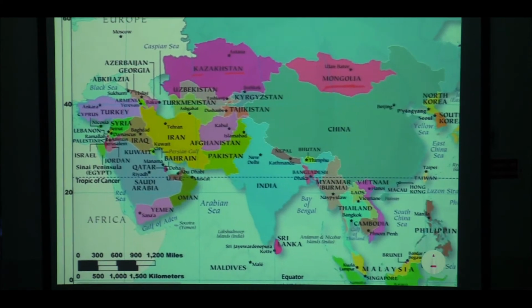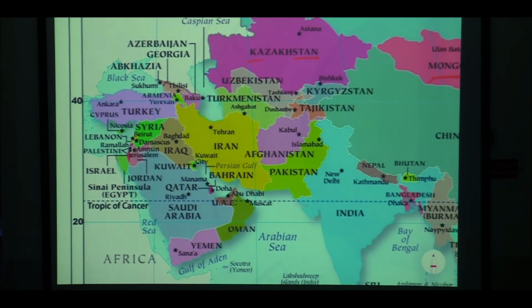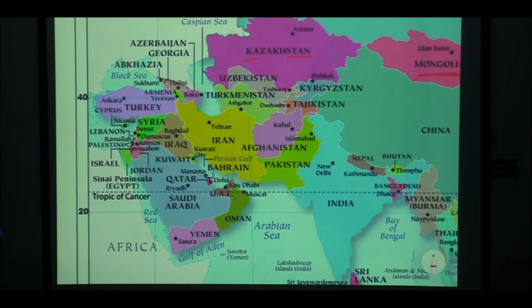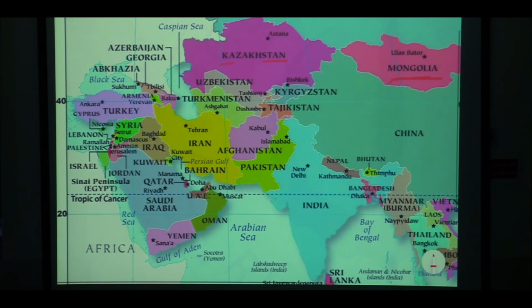Okay, now if I ask you to see a slightly more enlarged version towards West Asia. Have clear notice of what we have just taken a while ago. This is my Caspian Sea, very well labeled, and this is my Black Sea. In between the Caspian and Black Sea, you have got 3 countries right here.